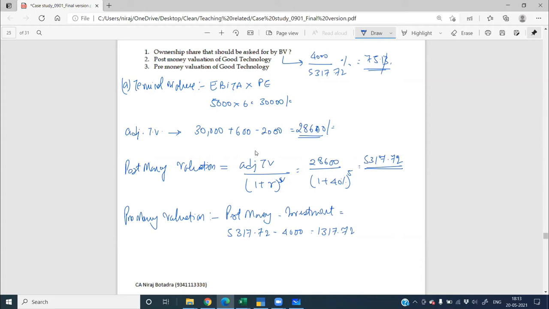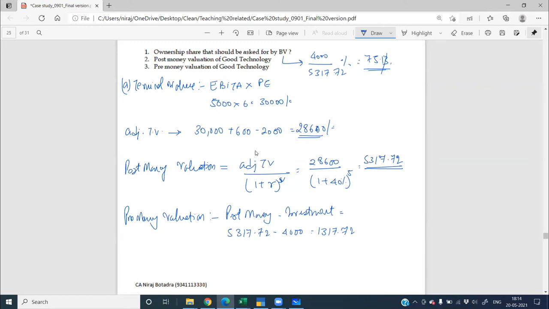So all these values, whether this is terminal value, post money valuation, pre money valuation, are present values only. Are the present value basis your percentage of expectation. Now there can be different investors. They can have a different expectation. So valuation will come different for both of them. So that is when you go through this particular approach, the biggest disadvantage when you will learn in the theory also, जब आप venture capital की theory भी पढ़ोगे, the biggest disadvantage that has been cited by the researchers is that basis this method, two different investors will always get two different values because दोनों का risk appetite will be different.